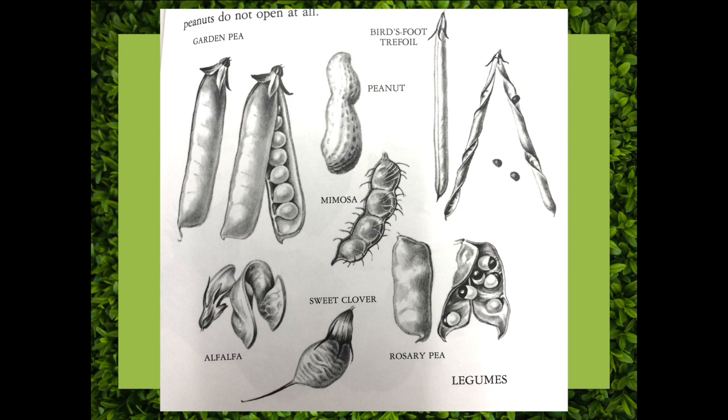Legumes include things like members of the pea family. That includes peanuts, all the different types of beans and peas. Garden peas are found in a pea pod, as are things like kidney beans and pinto beans and black beans and white beans, garbanzo beans. They all grow inside a pod. So when you eat a pea or a kidney bean, what you're actually eating are the seeds of the plant and not the fruits.